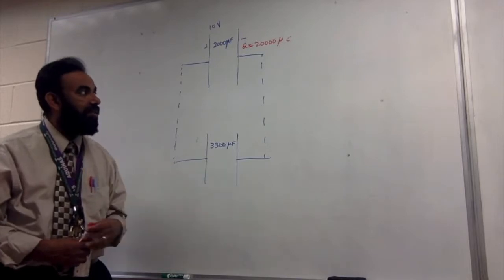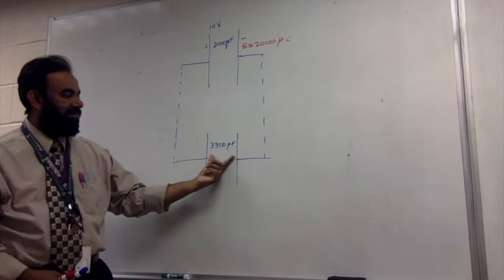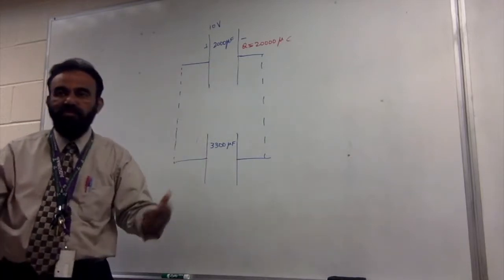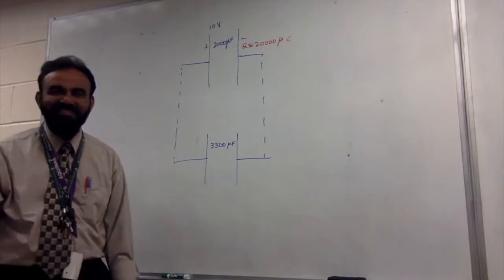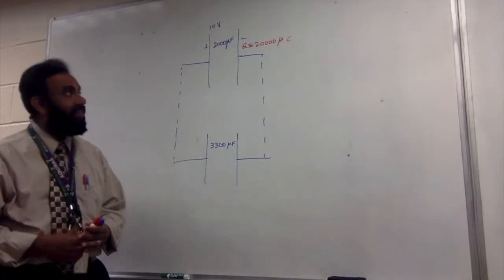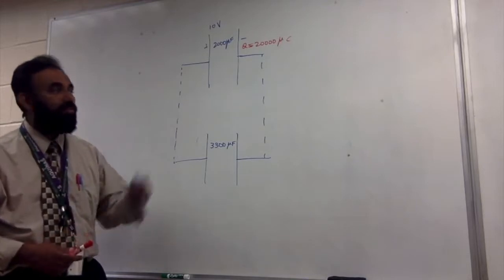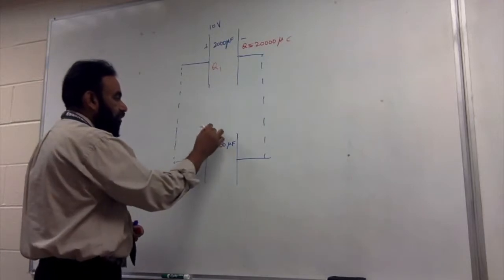There will be more charge coming to the bottom capacitor. Because it's like a fat person and a thin person sharing one lunch. Okay, so how much this one's supposed to get is a lot. Whatever it is, we know that some charges are moving down here. Do we know the charge that is existing afterwards? No. Do you know this one?